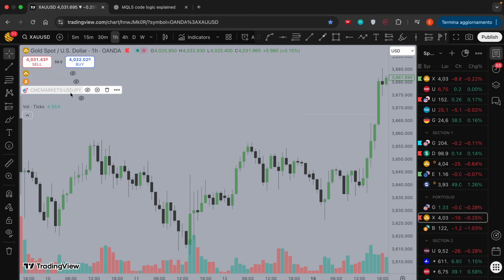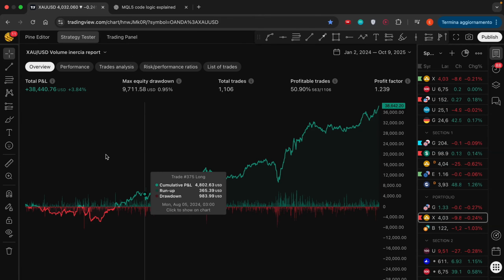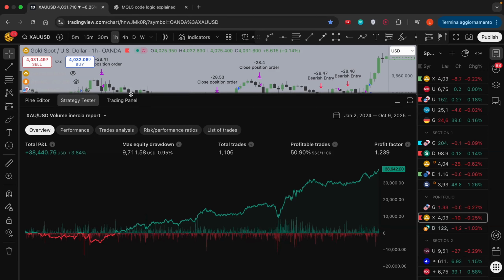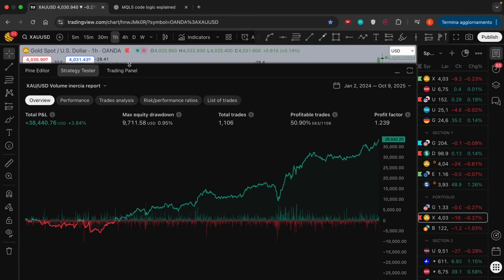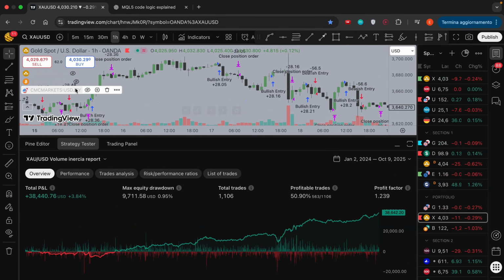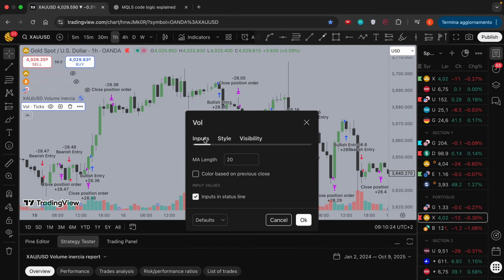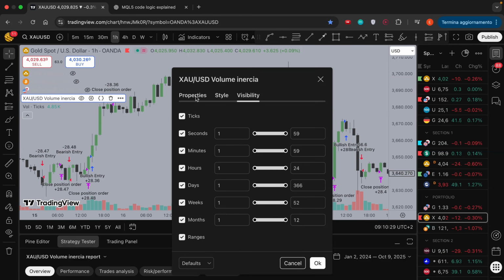So basically, I built my first code on Pine Script because it was the easiest way for me to extract data. And this is not exactly my strategy, of course, because I changed the logic, and also the parameters, because this is not optimized.